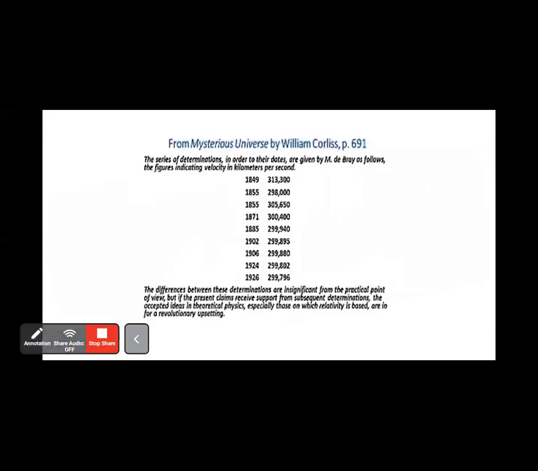So this is from The Mysterious Universe by William Carlos, page 691. And these are a series of determinations in order of their dates given as follows, and the figures that indicate the velocity of the speed of light as in each experiment that it was measured.